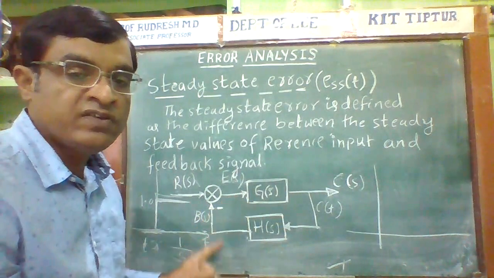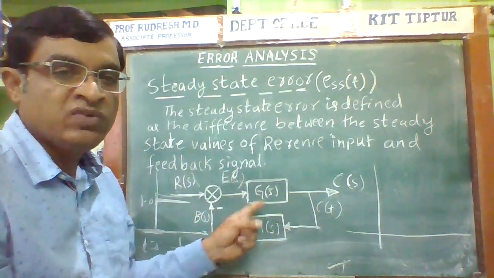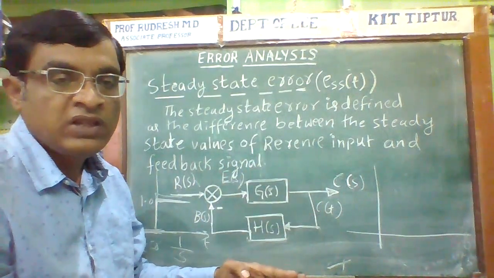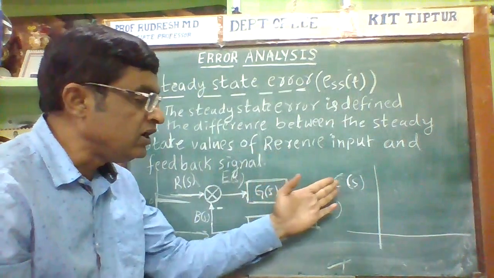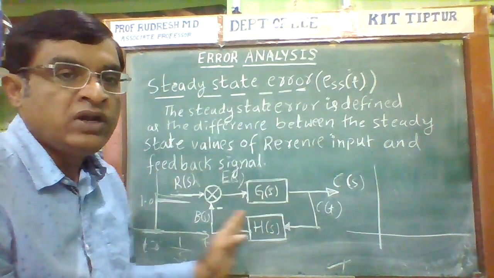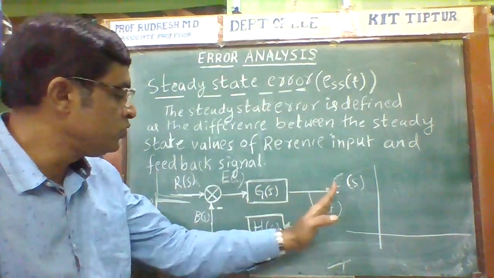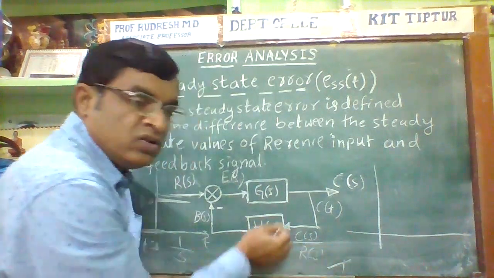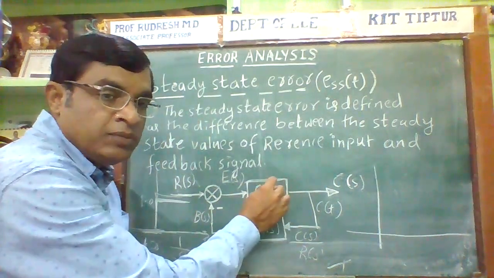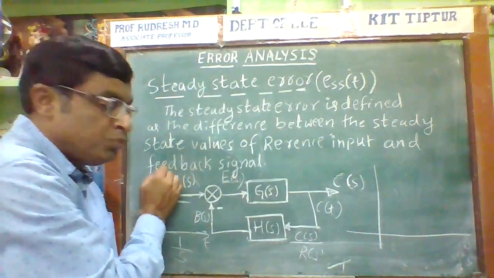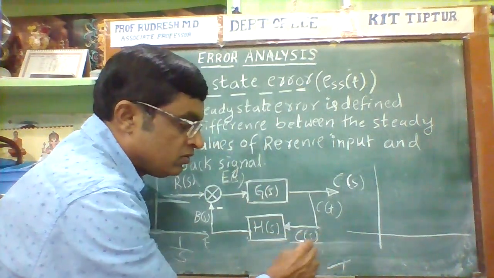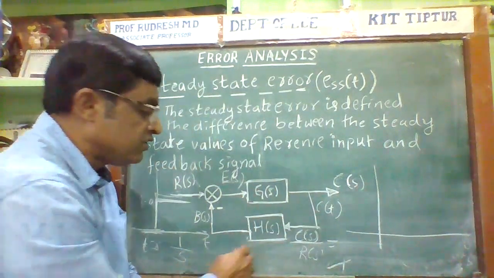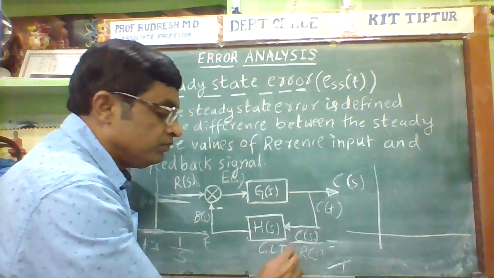Once we know the differential equation governing the system, take the Laplace transform and identify the output variable and input variable, then take the ratio of output to input.